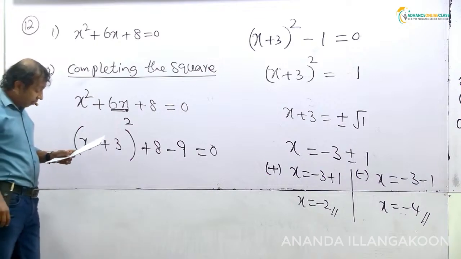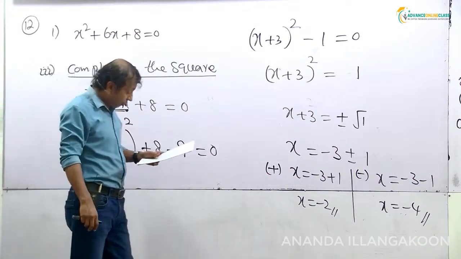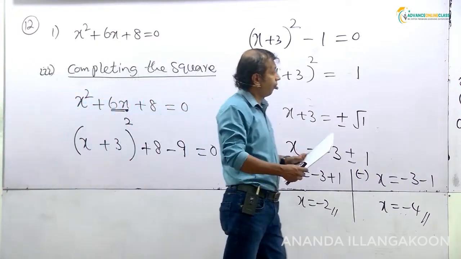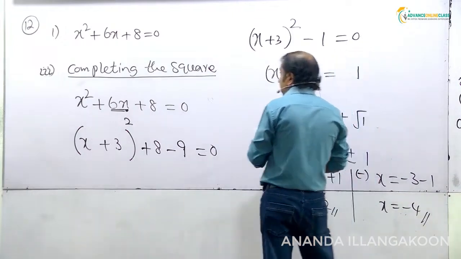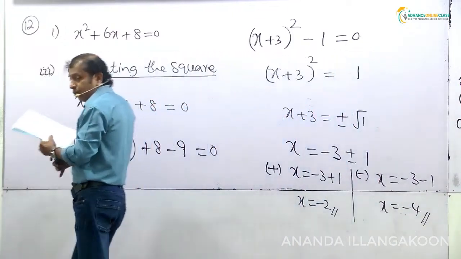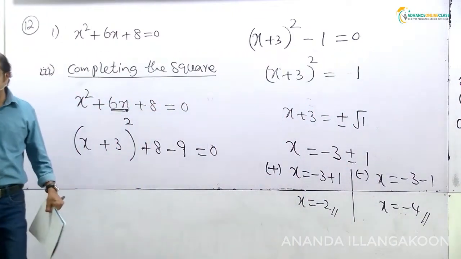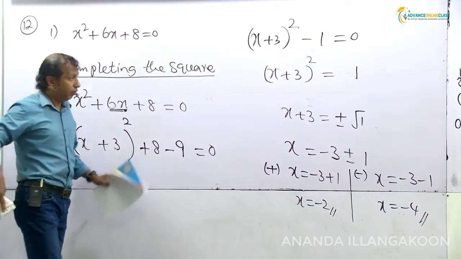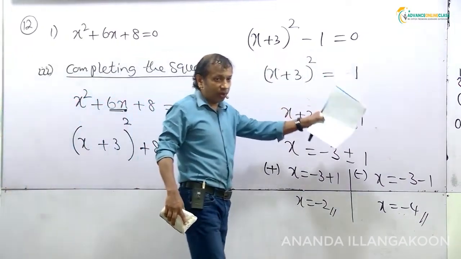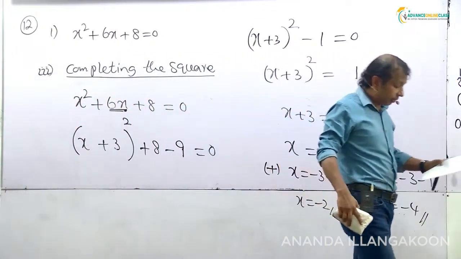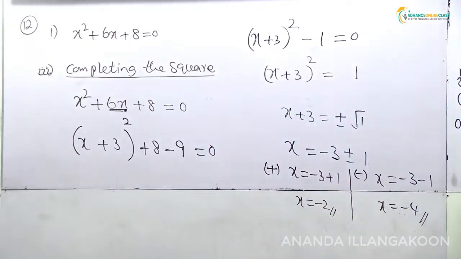Shall you take its number 11? Question number 12, part 11, as the next one. We'll do that question in three ways: using factorization, formula, completing square. Take question number 12, part 11.